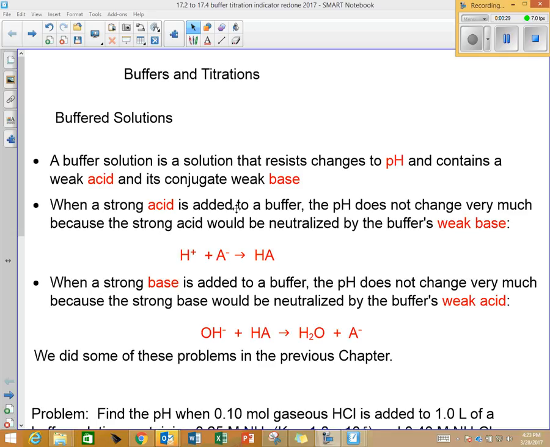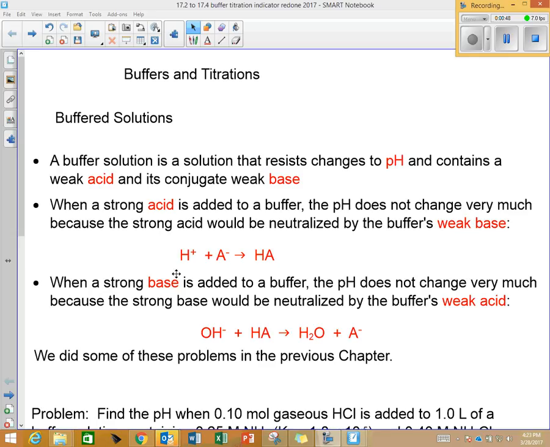And we learned in the last chapter we can add a strong acid, H+, to the buffer. The strong acid reacts with the buffer's weak base, just like this, and we form HA, thus getting rid of the H+.